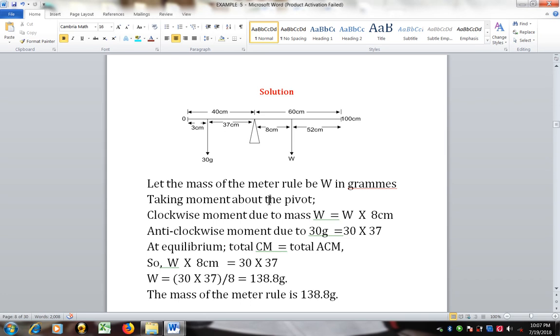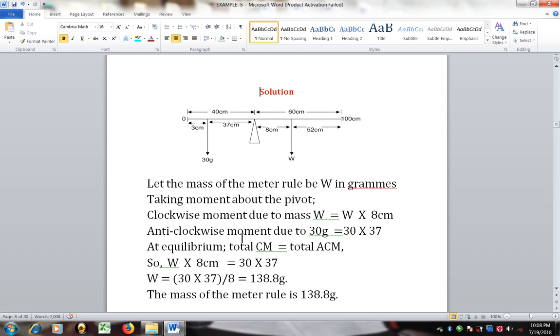If we take moments about the pivot, the fulcrum, W constitutes a clockwise moment, which is the product of W and its perpendicular distance from the fulcrum, W times 8 centimeter. Similarly, the anticlockwise moment is due to the 30 gram mass, which pulls the meter rule down and causes it to rotate anticlockwise.